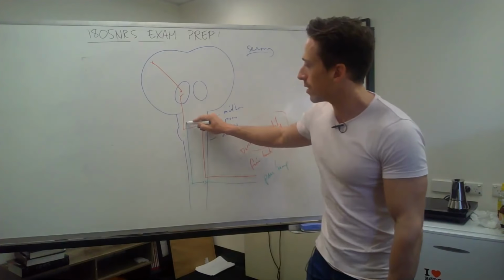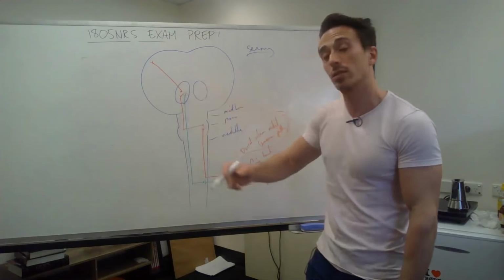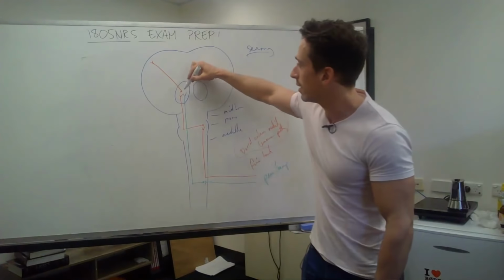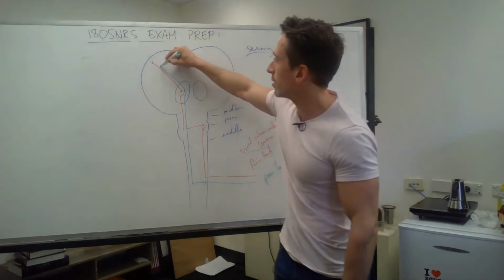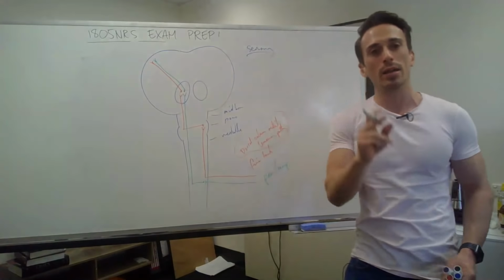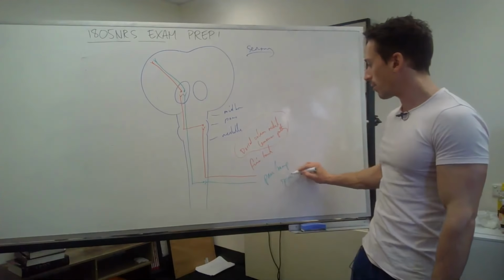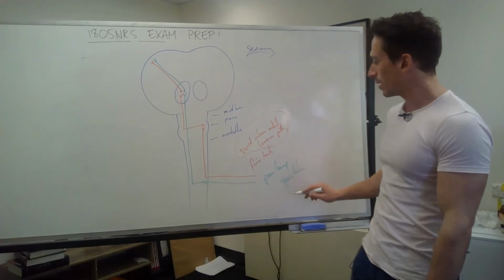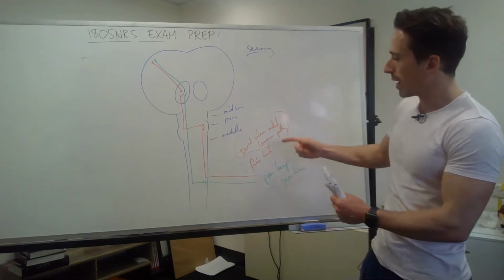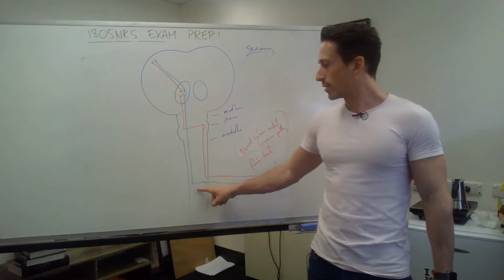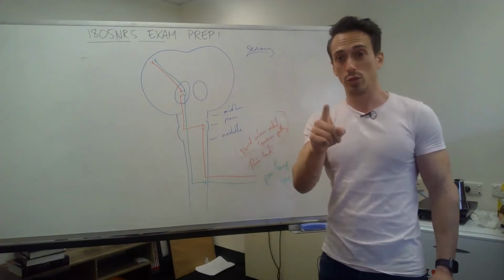Doesn't synapse at the medulla like fine touch does, but does at the thalamus, because remember the thalamus is the relay center. Synapses, goes to a part of the brain that deals with the hand and says, hey, it's pain. What's the difference between pain, also known as the spinothalamic pathway, and fine touch? Where it synapses, where it crosses over. All right, make sure you know that.